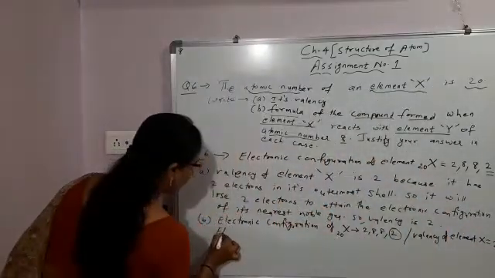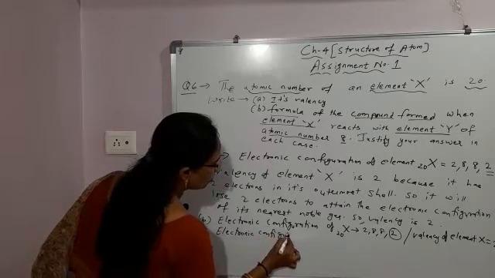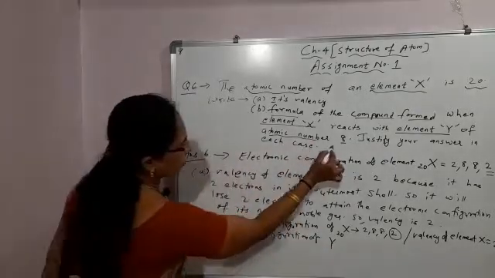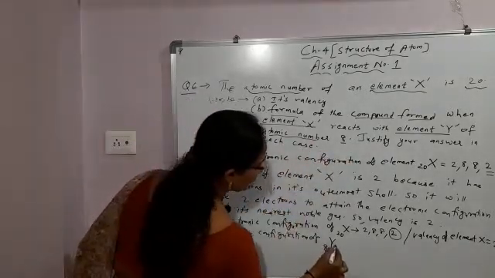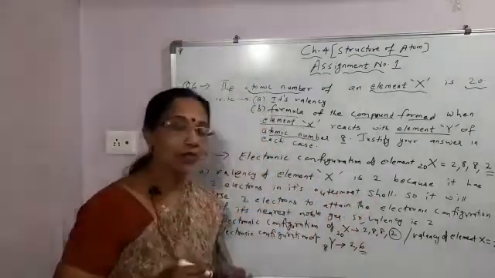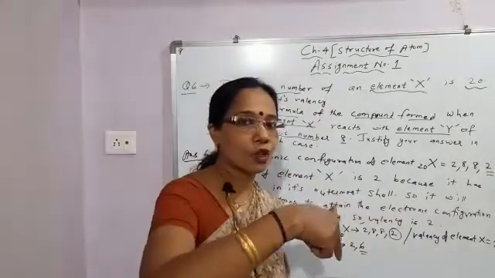Next, electronic configuration of Y. And for Y, what is atomic number given? 8. So what is configuration? 2, 6. Outermost how many electrons? 6. What will it do to attain the electronic configuration of nearest noble gas?